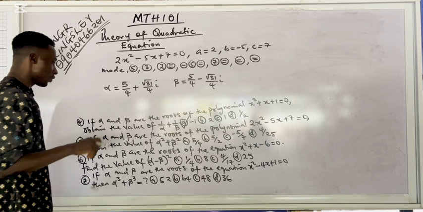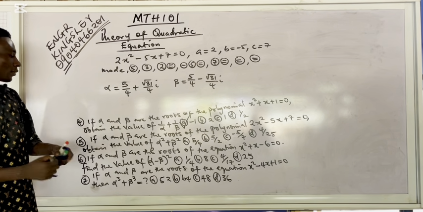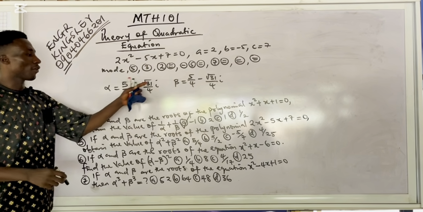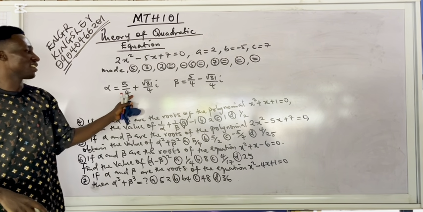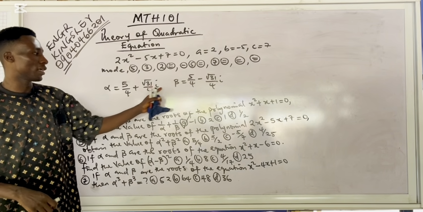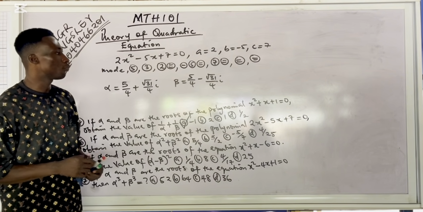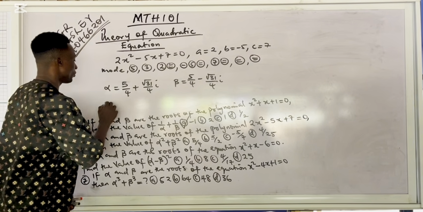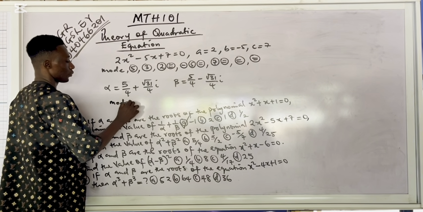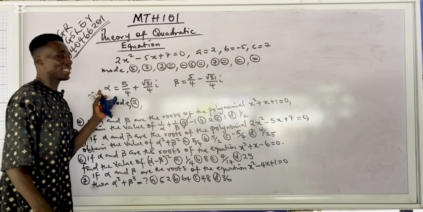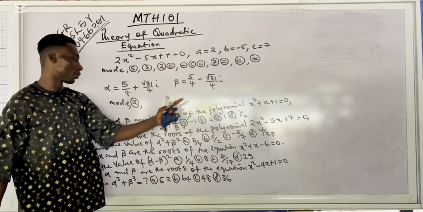Okay, so the question said alpha squared plus beta squared. But for you to get alpha squared and beta squared, since it's a complex root, you see this equation has complex roots, you must put your calculator in complex number mode by pressing mode 2. When you press mode 2, you key in exactly what you have here.